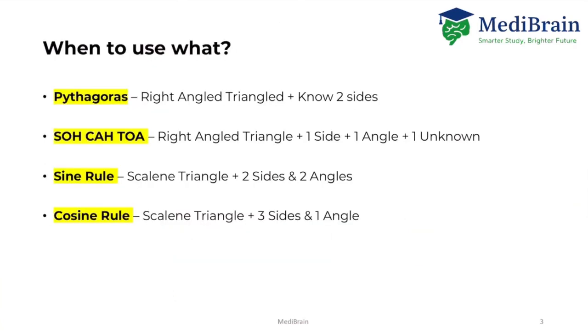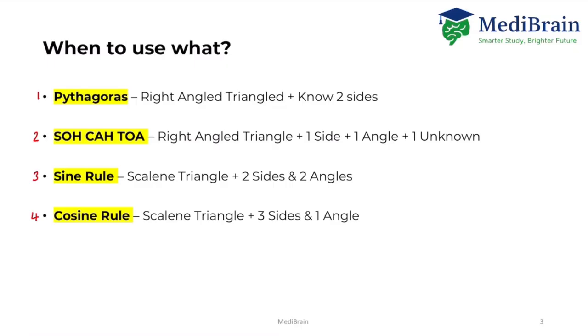Now what we're going to quickly do before we move on to some practice on 3D Pythagoras and trigonometry is summarize what we've looked at so far. We've looked at Pythagoras' theorem, SOHCAHTOA, the sine rule, and then the cosine rule. So this was lesson 1, lesson 2, lesson 3, and lesson 4, and lesson 5, which is today, is all about 3D trigonometry.